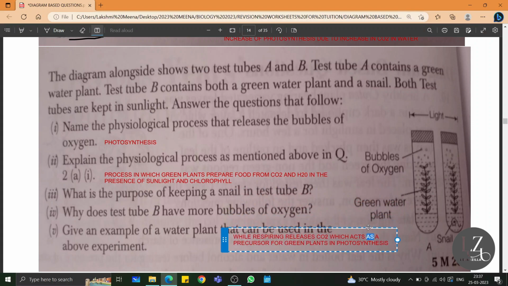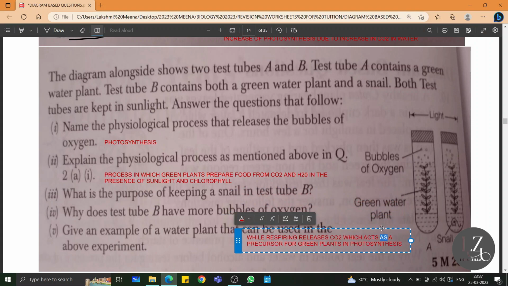I'll just put it here, children, as of now. While respiring, the snail releases carbon dioxide, which acts as a precursor for green plants during photosynthesis.